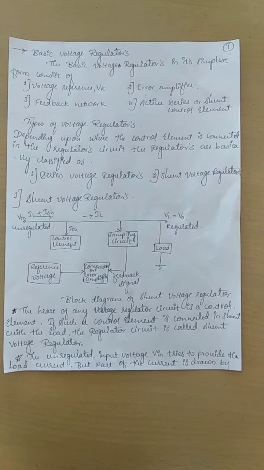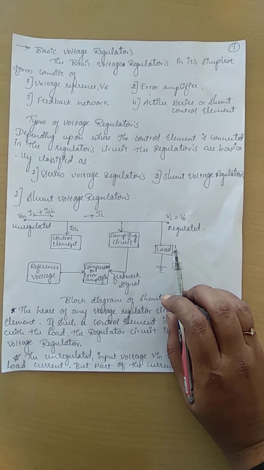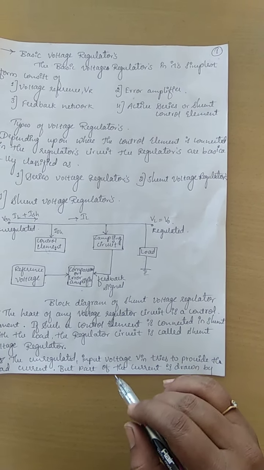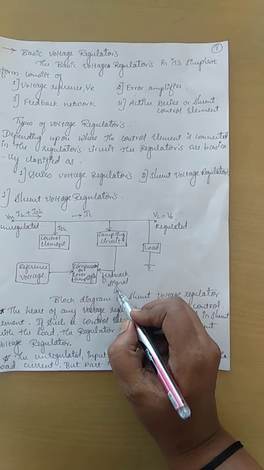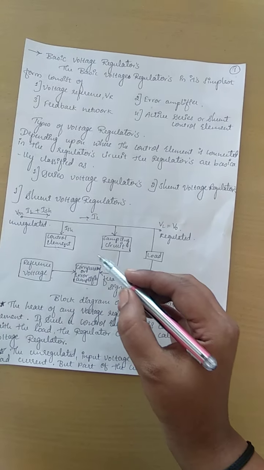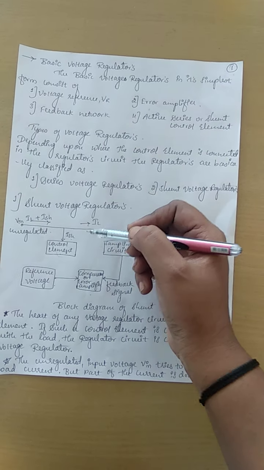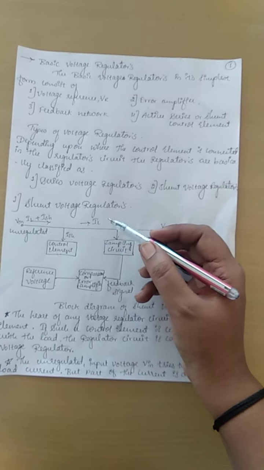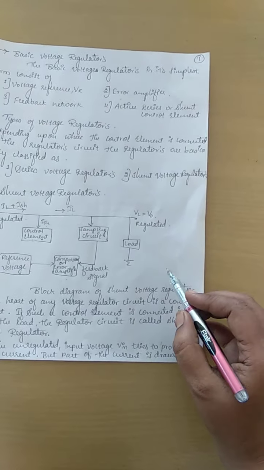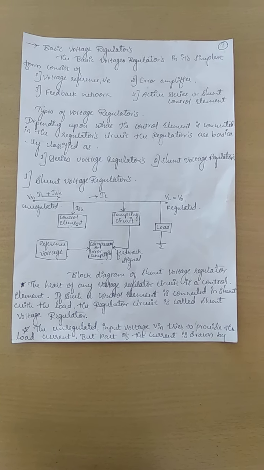For example, if the load voltage increases, the comparator circuit decides the control signal based on the feedback signal, which draws increased shunt current, that is ISH. Due to this, the load current IL decreases. Hence, the load voltage decreases. So, this is the block diagram of the shunt voltage regulator.